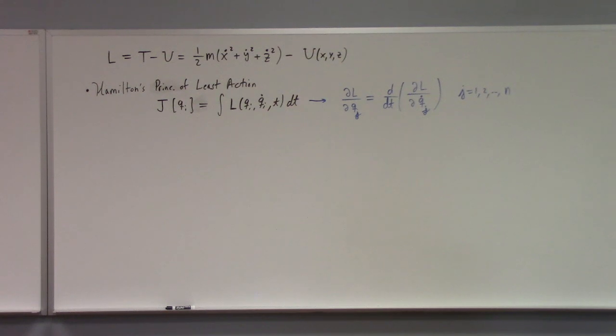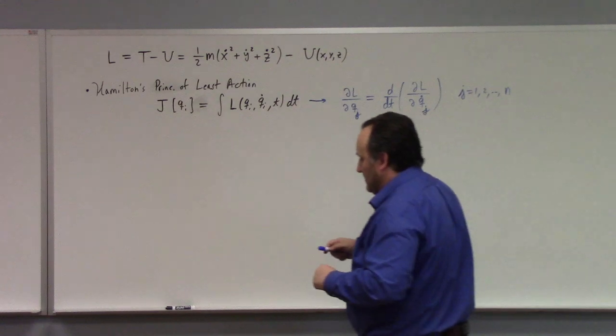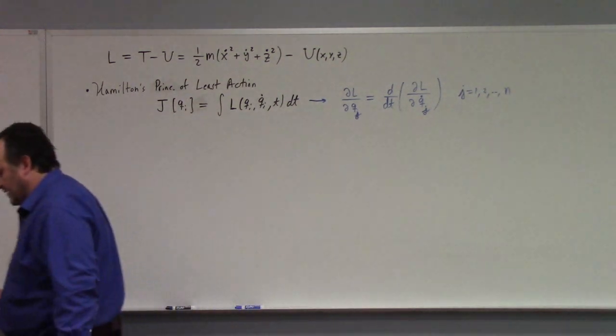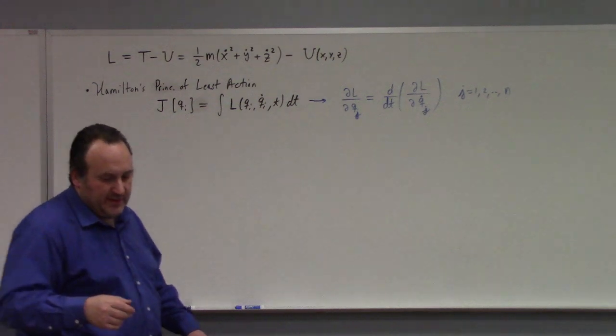But let me get back to my example. So how many Euler-Lagrange equations do we get for my example? Yeah, 3, right? Because we've got x coordinate, y coordinate, z coordinate. So let's write them down.